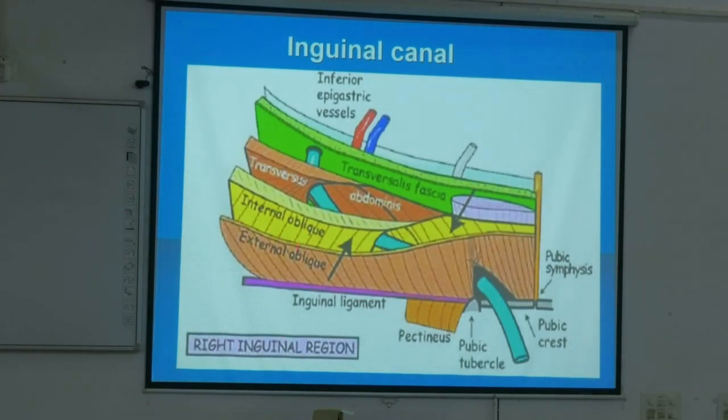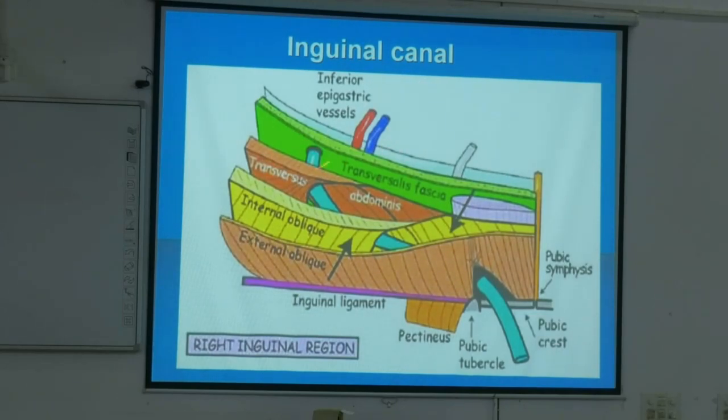Next, see, this is one schematic diagram. Inguinal ligament, external oblique, internal oblique, transversus abdominis, fascia transversalis, and the peritoneum. So, through the canal, if the herniation occurs through the deep inguinal ring, and see, this deep inguinal ring is lying just lateral to the inferior epigastric vessels. These are the inferior epigastric vessels.